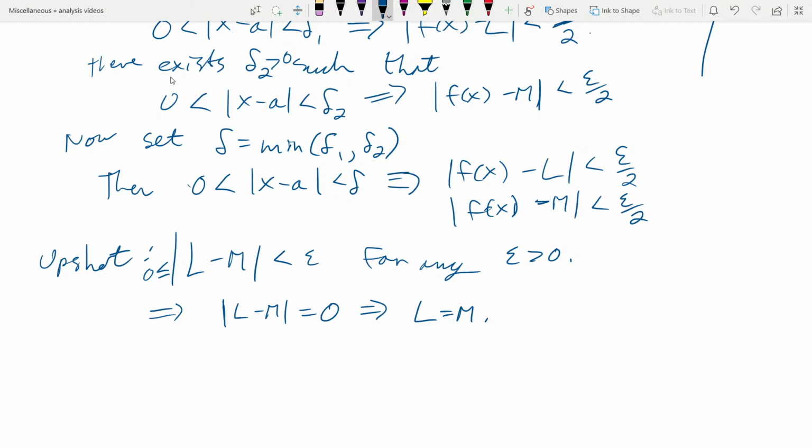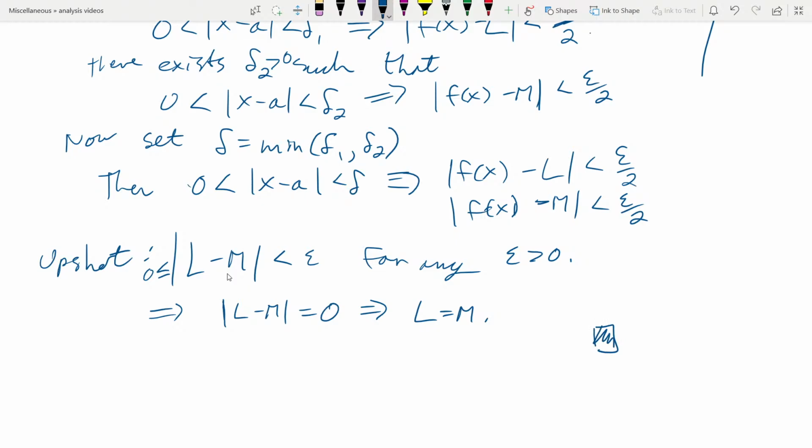The reason it must be equal to 0 is if L and M were not equal, then you would have only to take epsilon to be something smaller than the absolute value of L minus M, and that would give you a contradiction. So the only number which is non-negative and smaller than any positive number is 0.